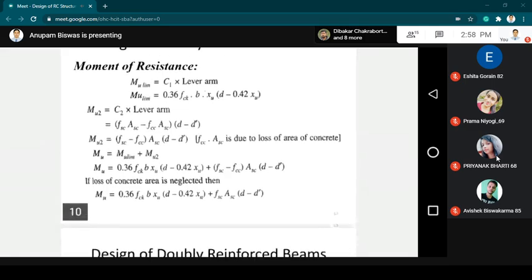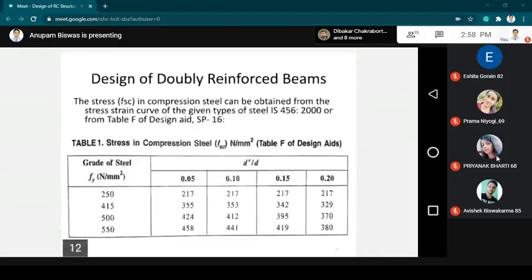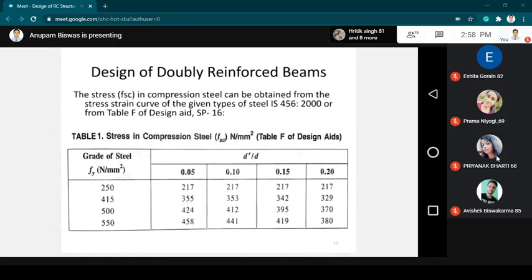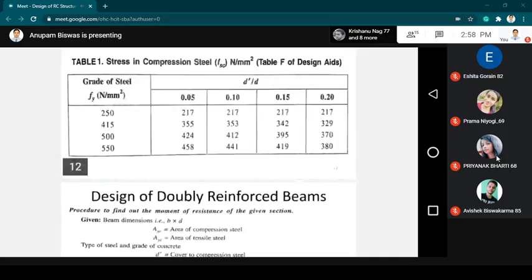What will be the difference, what will be included. We have also seen how to use the design aid, the table F of SP16, where we will get the d dash by d ratio, and using this we will find the value of FSC.